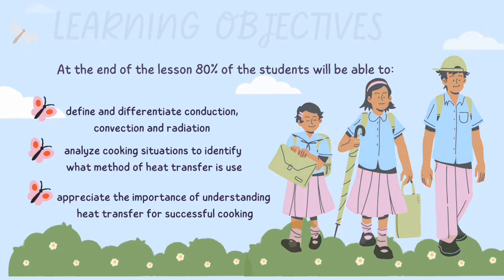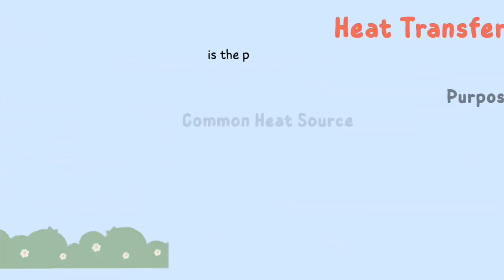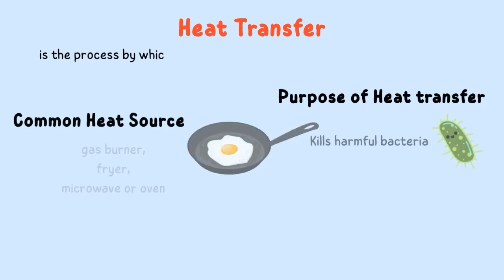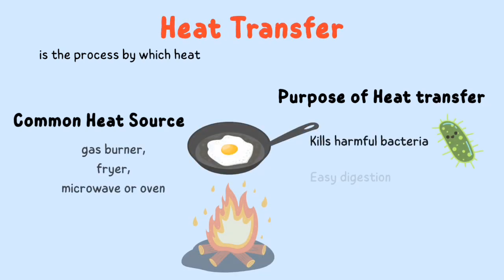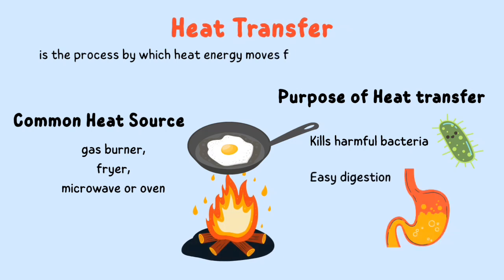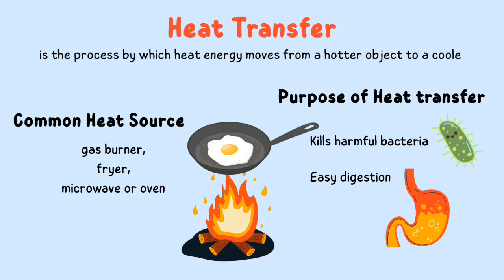Alright, very good. We all know that cooking is not possible without heat. It's all about how heat enters the food and what will happen to food. This process of cooking or heating food is possible due to heat transfer. Heat transfer is the process by which heat energy moves from a hotter object to a cooler one.